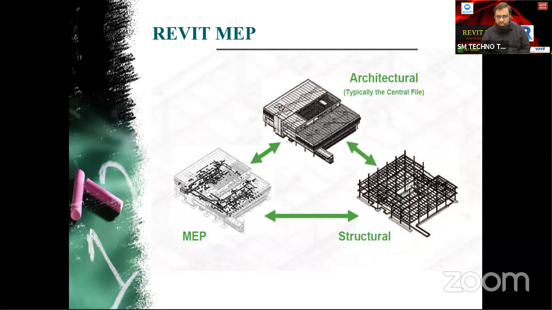Compared with other software which work on BIM, in Revit you can expect the maximum number of 3D intelligent components. This is also one advantage why Revit is popular in the market. Most of the components you can expect by default within the software, no need to create. But still, if you want to create your own component which is not in the Revit library, it is possible.